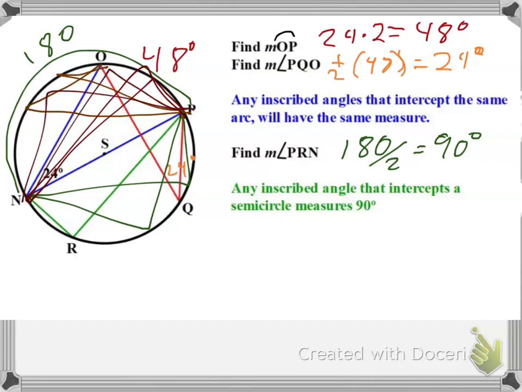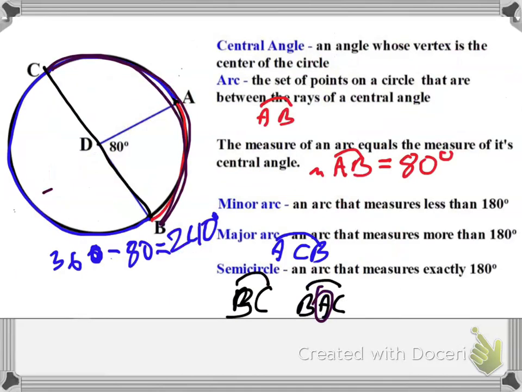All right. So, just to refresh, let's go back to the beginning here. A central angle is an angle whose vertex is the center of the circle. Arcs are a piece of the circle, and each has a measure that equals the central angle.